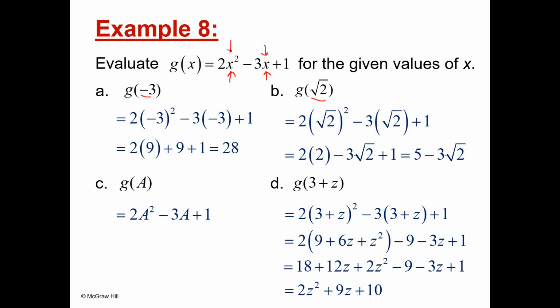The square of radical 2 will be 2. And minus 3 times radical 2 is minus 3 radical 2. So the final result, try the calculations, and you should obtain g of radical 2 equal to 5 minus 3 radical 2.